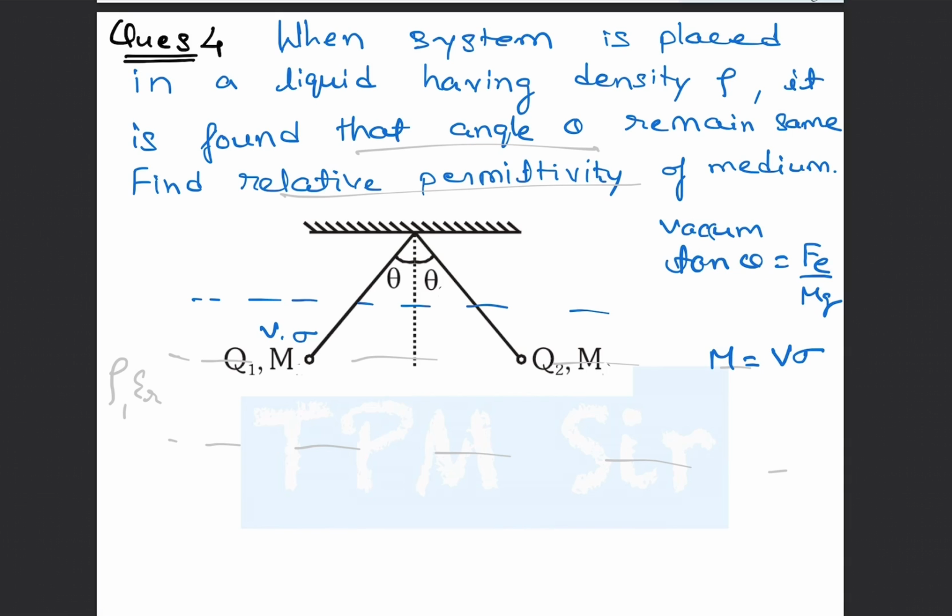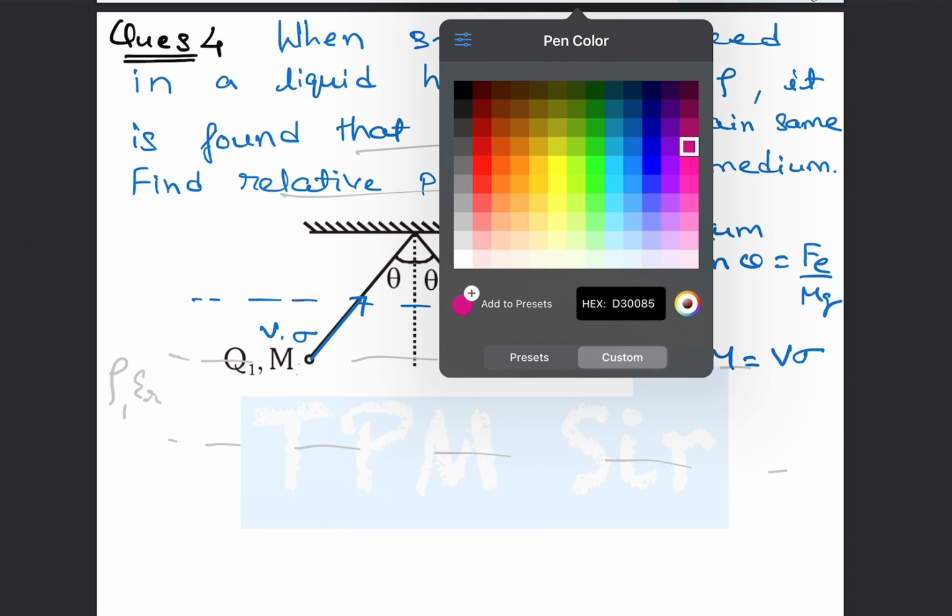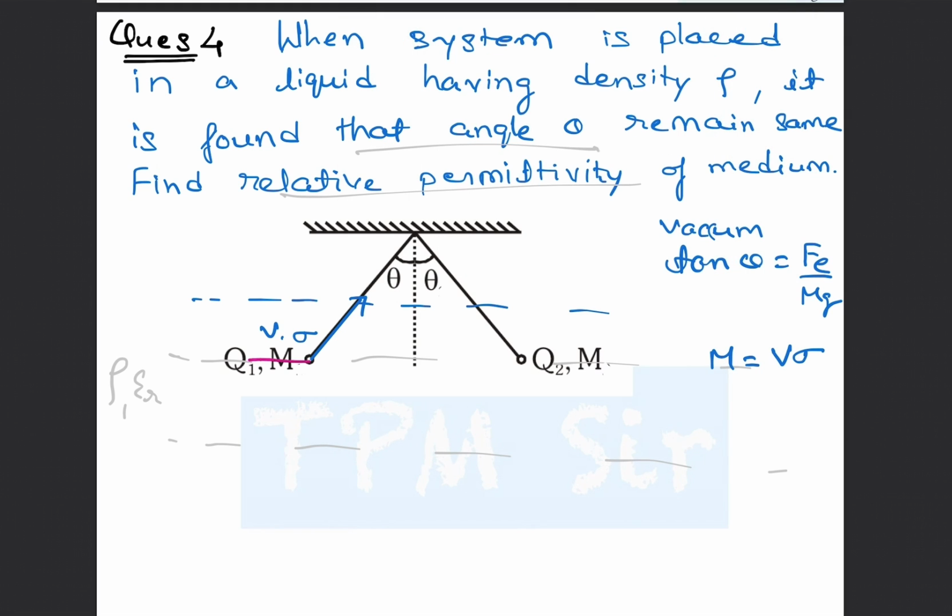Now let me draw the FBD. Let's draw all the forces which are acting on it. Here one force is tension, right? And by Coulomb's law in a medium, you must know that when two charges are placed in vacuum, suppose they are repelling each other with the force F naught, or Fe.